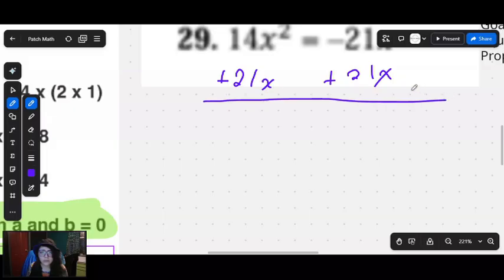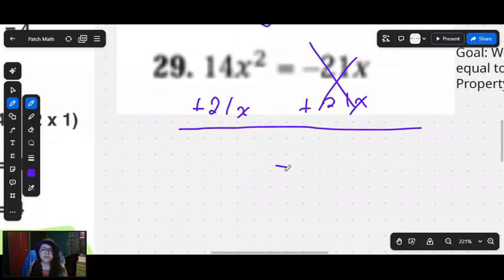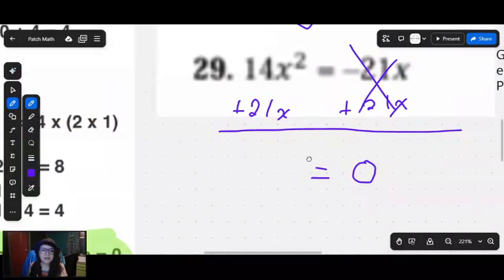So add 21x to each side. These cancel, but what students are going to skip, and I see it all the time, is when something cancels with an additive inverse, that sum was 0. That sum is 0. Please make sure you write both the left and right hand parts of your equation.